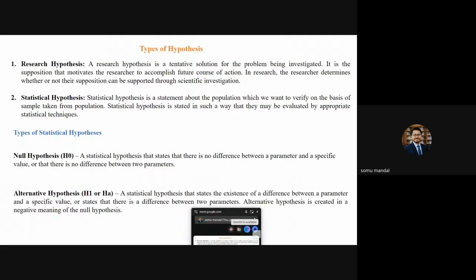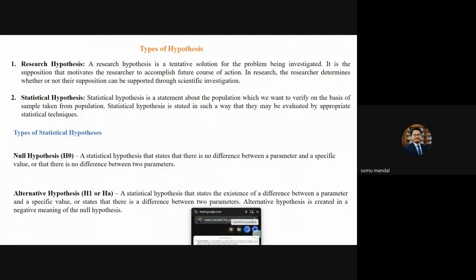Suppose in an agricultural field you apply some fertilizer and you want to investigate the impact of fertilizer application on the agricultural production or the yield.